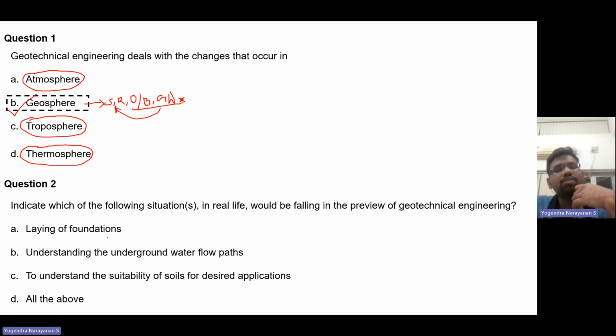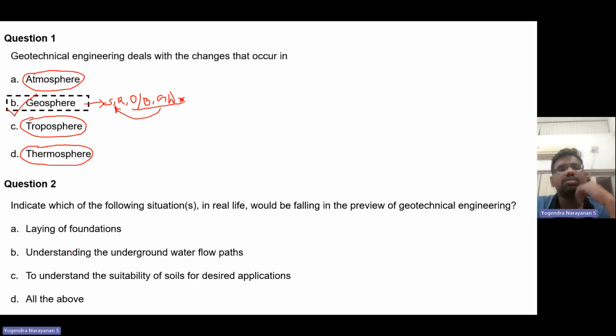Option A, laying of foundations. Option B, understanding the underground water flow paths. Option C, to understand the suitability of soils for desired applications. And option D, all of the above.